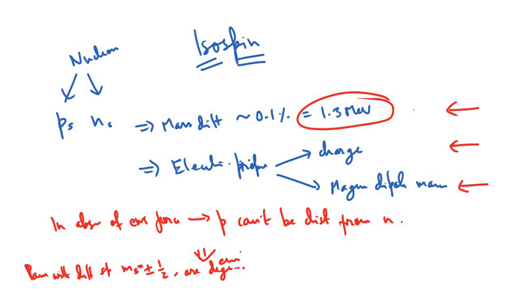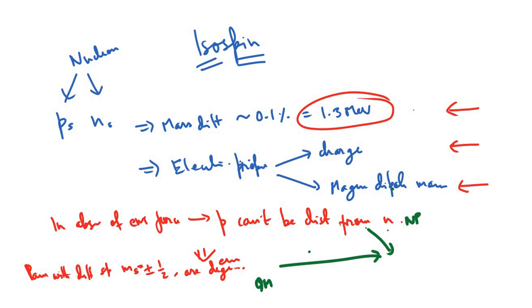So you see the difference between these two cases are very much similar. This is a nuclear physics case and this is a quantum physics, atomic physics case. They are very much similar.